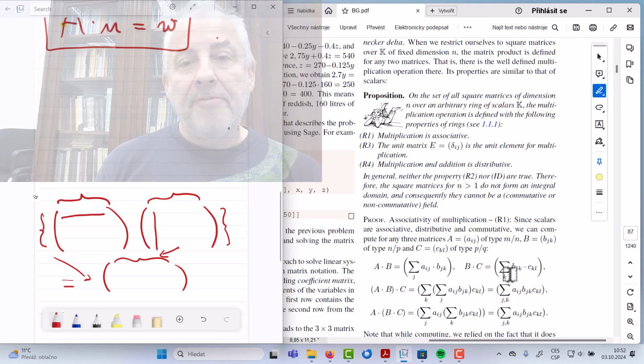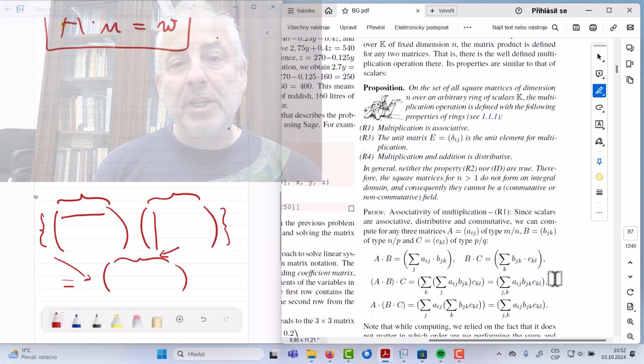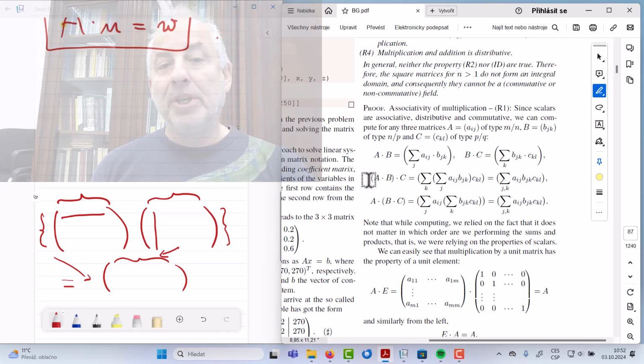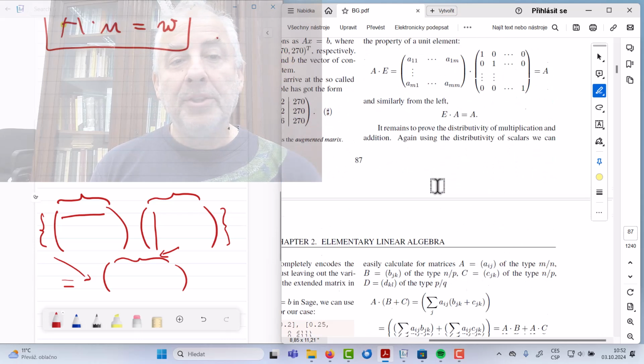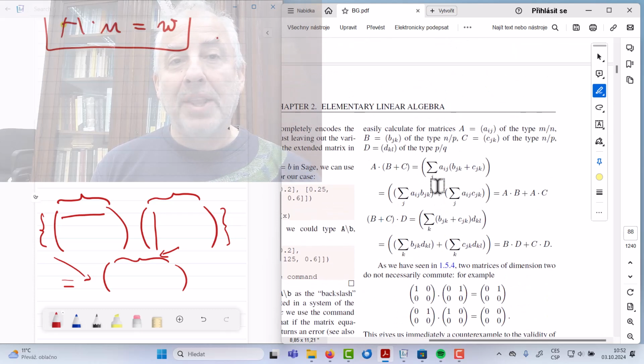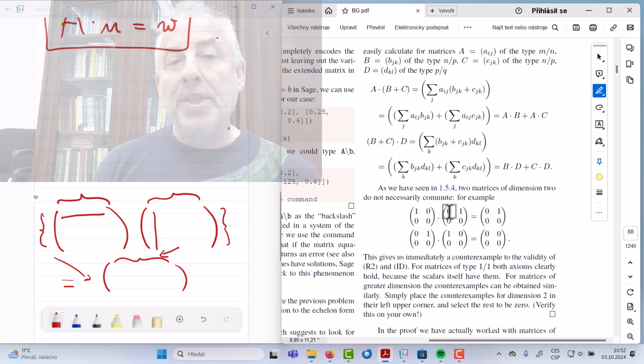And then a very simple and straightforward check shows that we have got the associativity of multiplication whenever the multiplication is well defined with the sizes. And here is the point showing that actually it's never commutative in general, right? So if you multiply these two matrices in the two possible orders, then you get once this one and the other time 0.